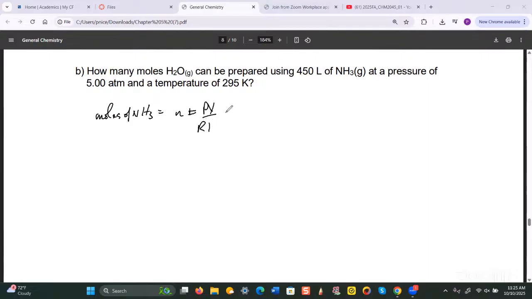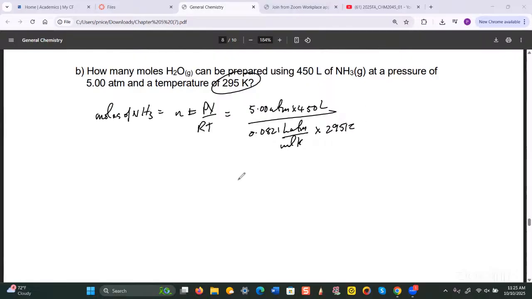All right. So P is 5.00 atmospheres, V is 450 liters, and then we divide that by 0.0821 liters atmospheres over mole Kelvin, multiplied by the temperature, which is 295 Kelvin.